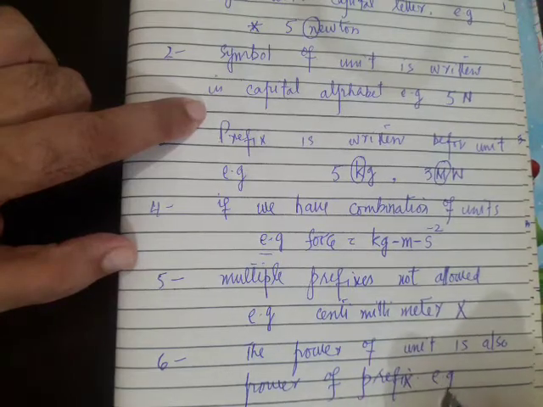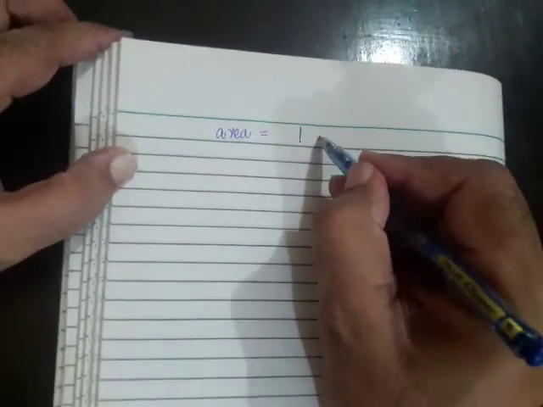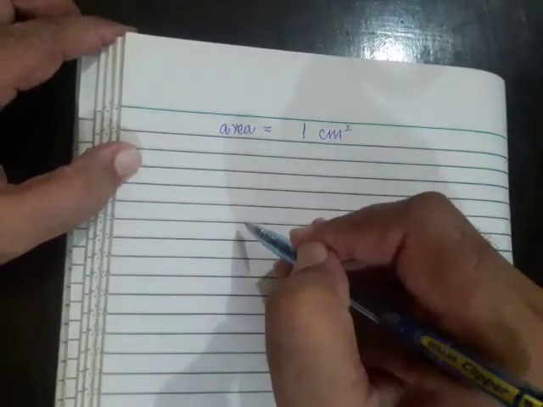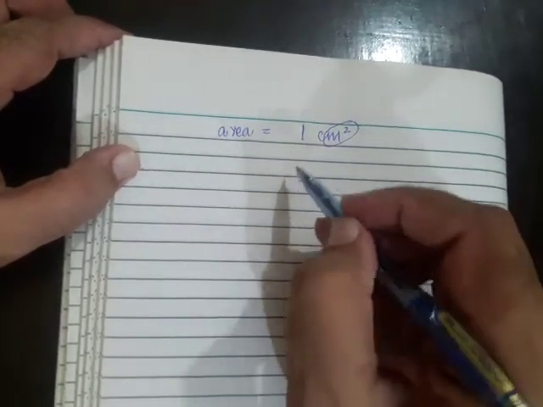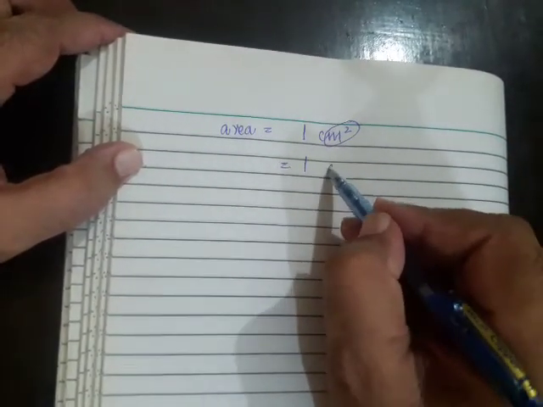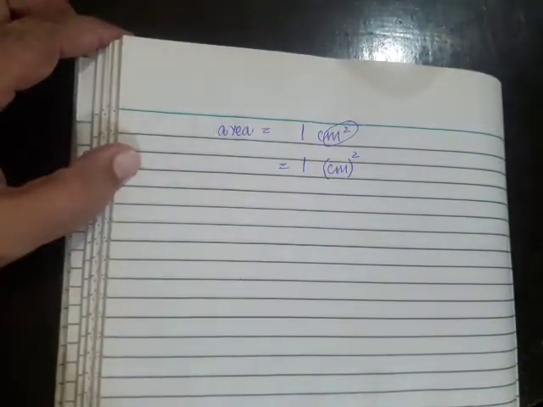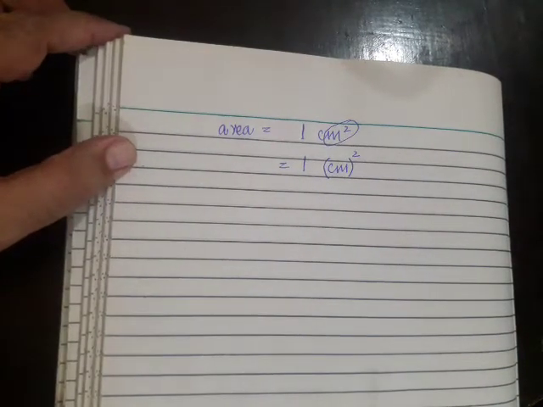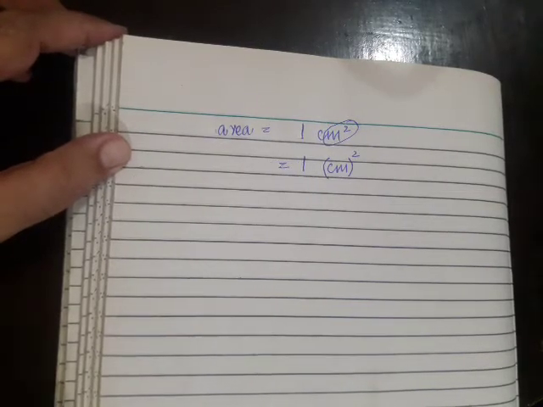For example, let me have an area of 1 centimeter square. Now look, square is above the meter, but it is understood that in reality it is something like this. So the power of the unit is also the power of the prefix.